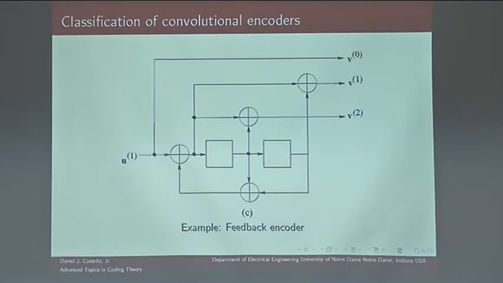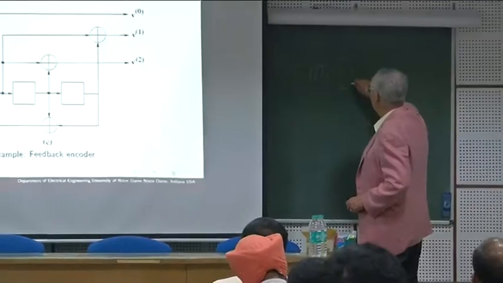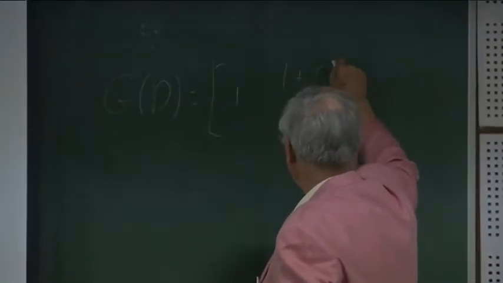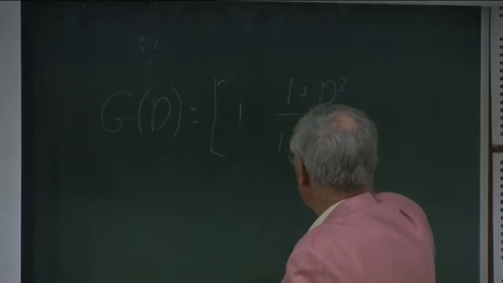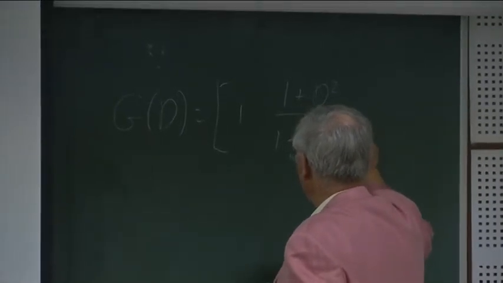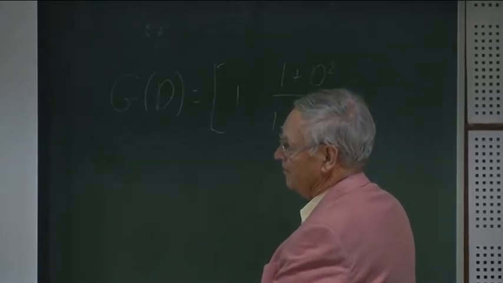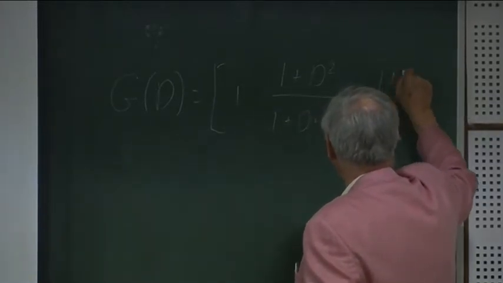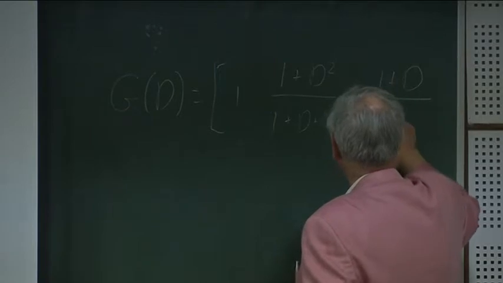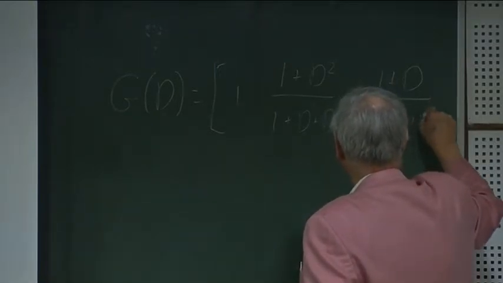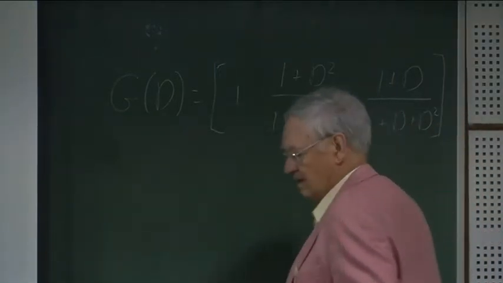So if we wrote this generator, it's a rate 1/3, so the generator matrix has 3 entries: 1 for the systematic part, 1 plus d squared over 1 plus d squared for this output, and then 1 plus d over 1 plus d squared for the last output.